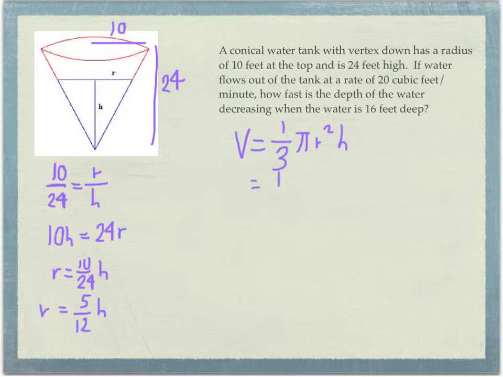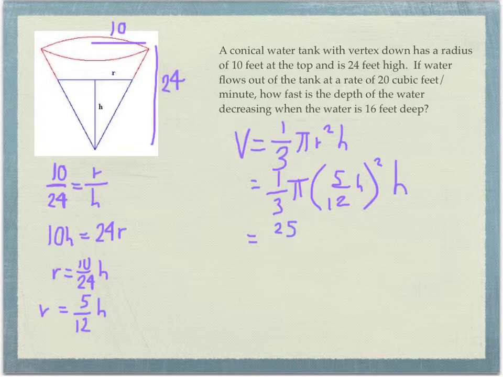So I still have my 1/3 pi, but now in place of r I'm going to put that 5/12 h in there like that. Now that's going to be squared. Here's my other h. Alright, so a little bit complicated here now. Do you see that if I square this, I'm going to have 25.